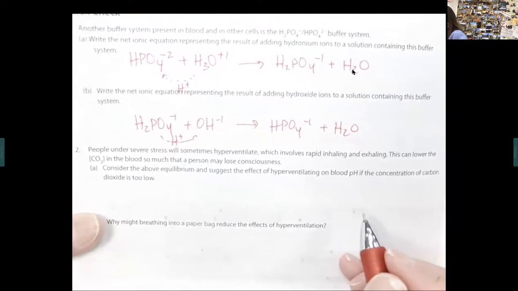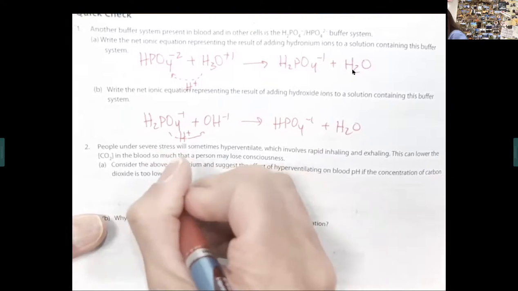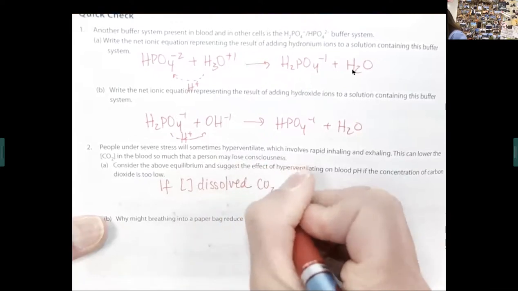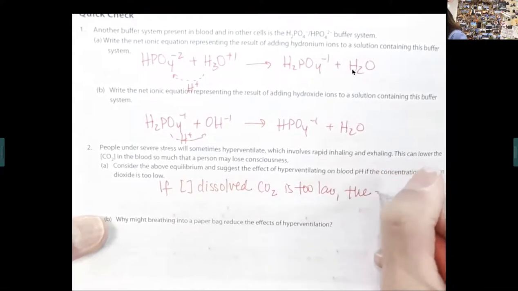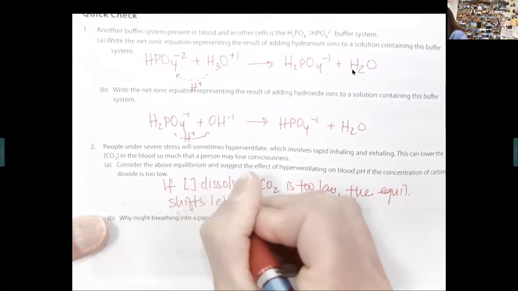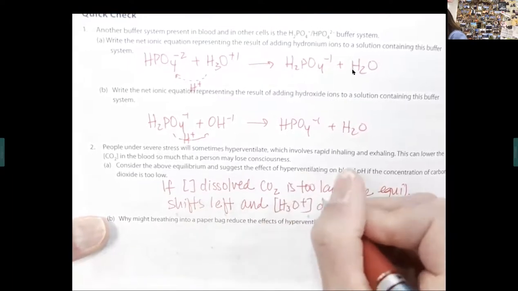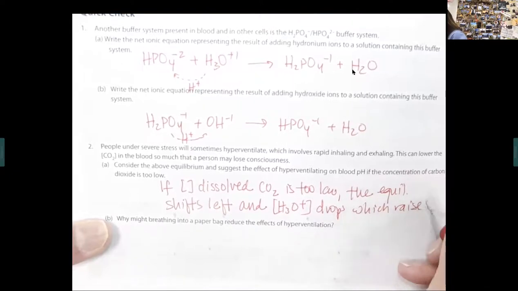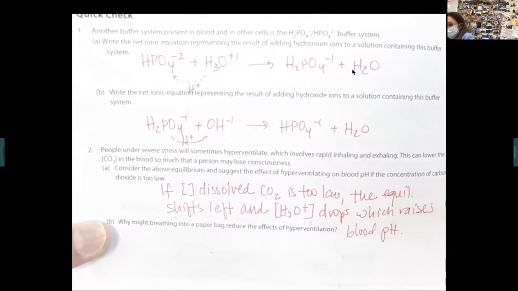So if we're talking about the equilibrium and the effect of hyperventilating on blood pH, if the concentration of your dissolved CO2 is too low, the equilibrium shifts left and the hydronium ion concentration drops, which raises the blood pH level, okay?